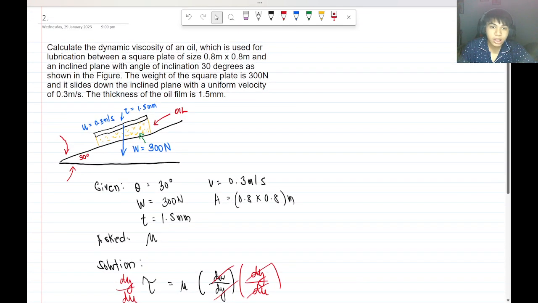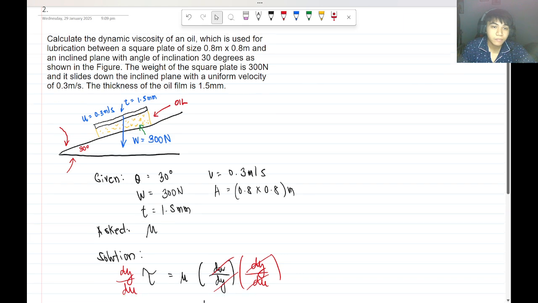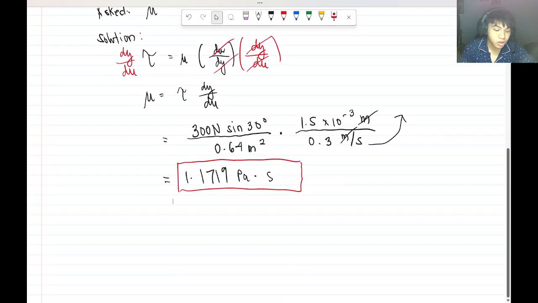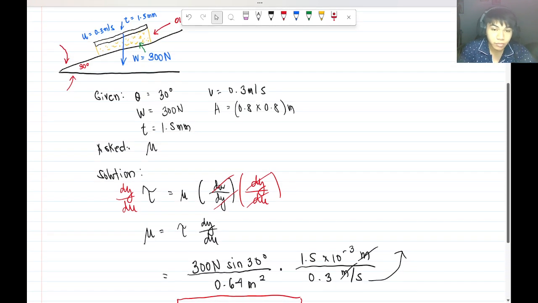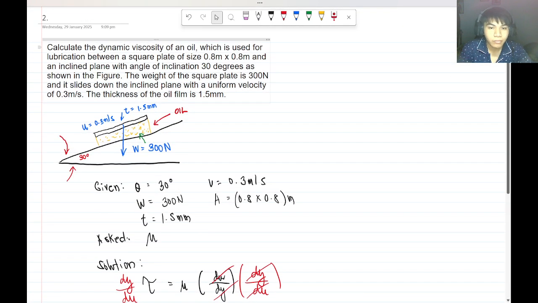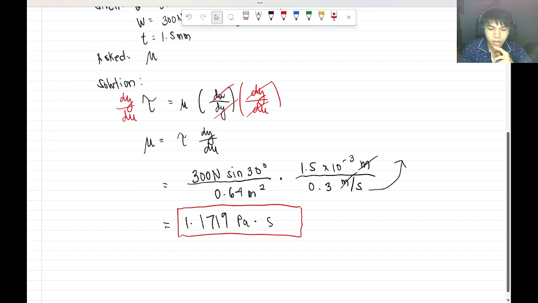The dynamic viscosity would be 1.1719 approximately Pascal second. So I hope it's clear around the derivation of the formula. Again, if you want to shift solve, that works. But this is just to make sure that the unit analysis is much more clear. So it's up to you guys. Diskarte pa lang.